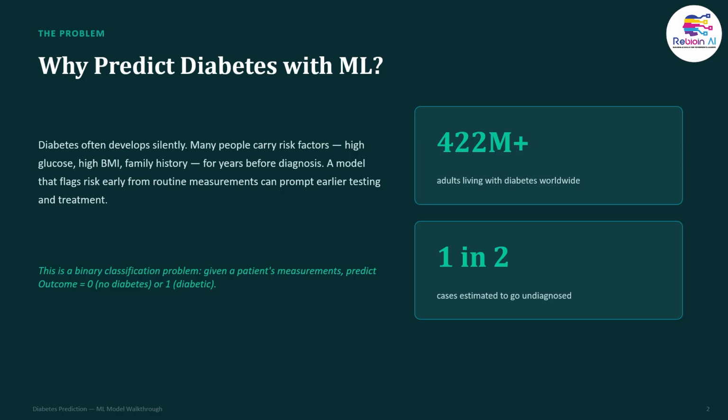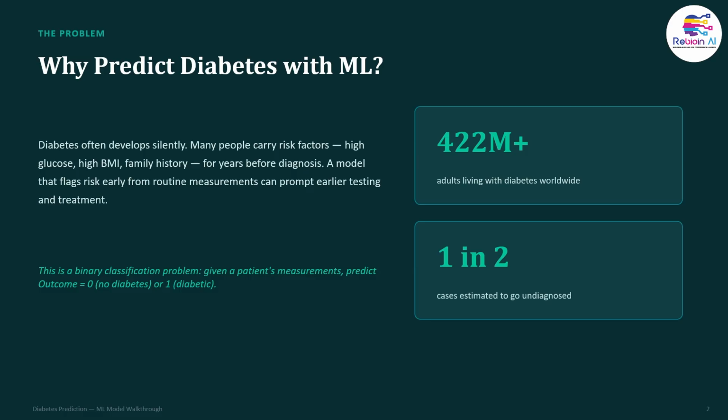Before we touch any code, let's talk about why this problem is worth solving. Diabetes often develops silently. Some people can carry risk factors like high glucose, high BMI, or a family history for years before they are ever formally diagnosed.